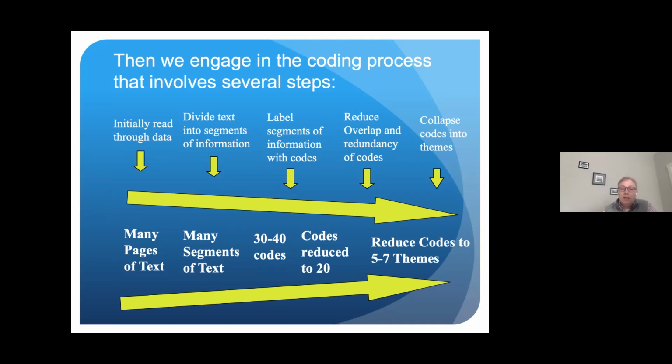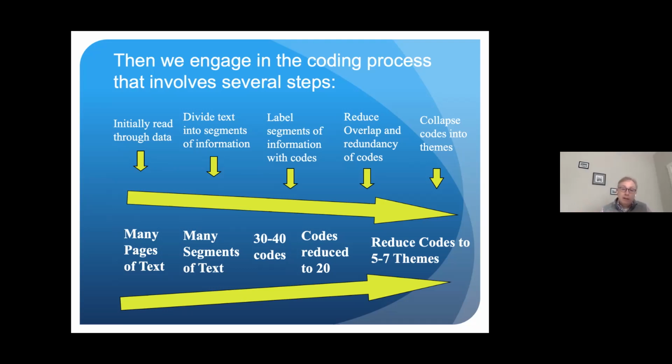So a code, again, is just a short label, usually 2 to 3 words. That's not a hard rule, but that's sort of a target. And we define that code and what it is and when we're going to apply it. So often we might start with a larger set of codes. We might have 30 to 40 codes. And again, we're reusing those as we're analyzing more data, as we're going through the rest of our transcripts or our data set.